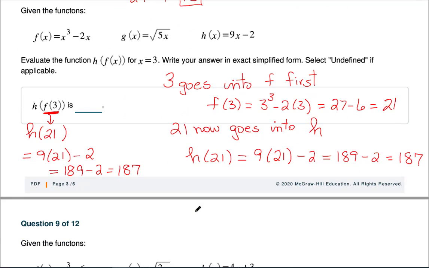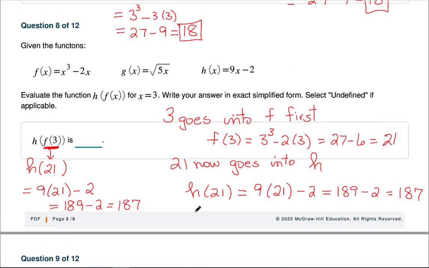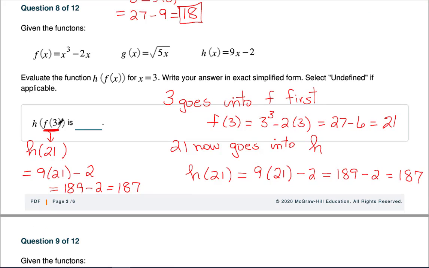All right, in question 8, we have h of f of 3. So the 3 goes into f first. So what is f of 3? Well, 3 cubed minus 2 times 3. So 27 minus 6, and I get a 21.